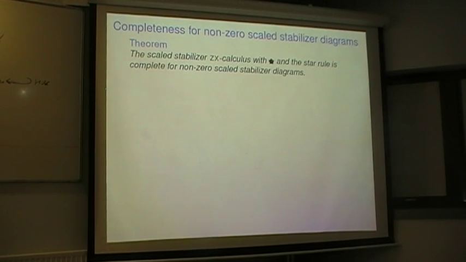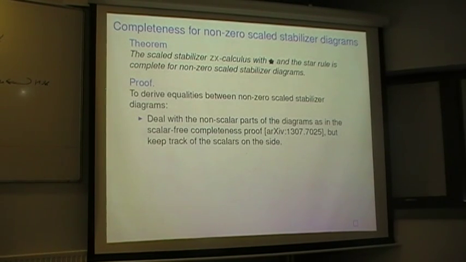So we can combine this completeness result for non-zero scalars with the previous completeness result for stabilizer diagrams that weren't scalars in the following way. We first apply the same procedure as in the completeness proof for the scalar-free stabilizer calculus, except this time we use the scaled rewrite rules, and we keep track of the scalars on the side.